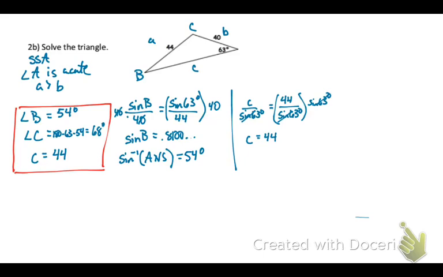Those two angles were the same. I just made a correction on angle C, because when you subtract, you should get 63 degrees. And so those angles being the same now, C and A, then the side lengths will be the same.